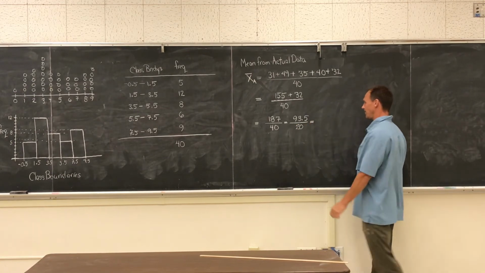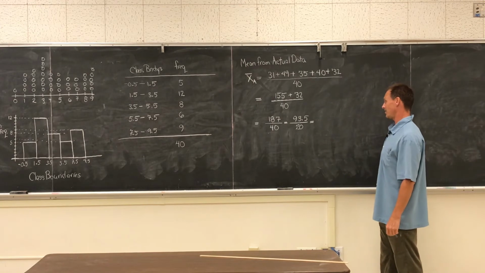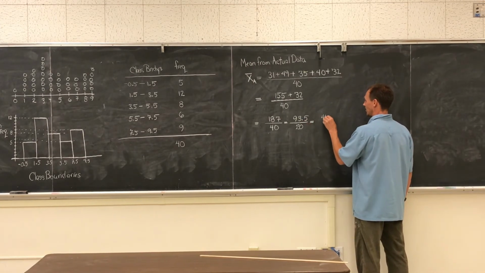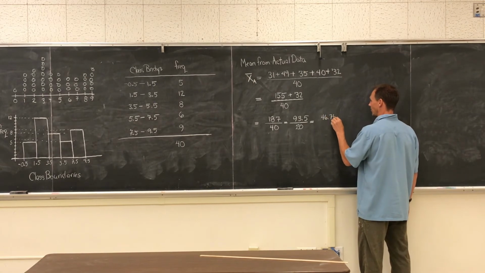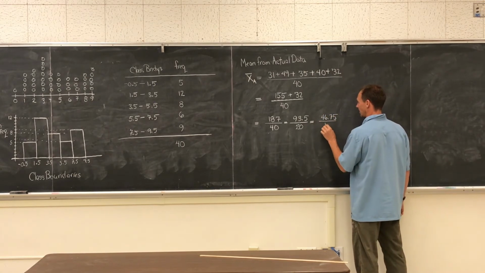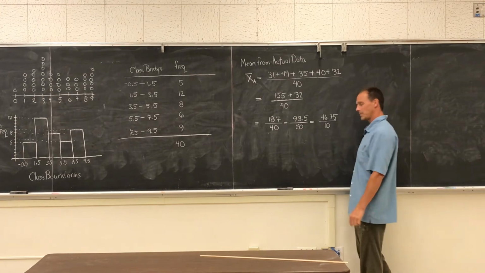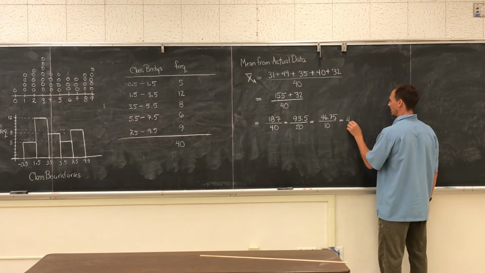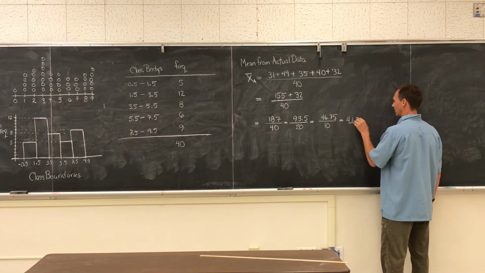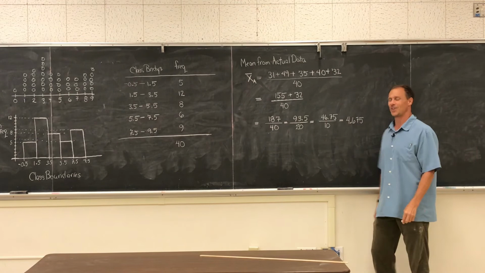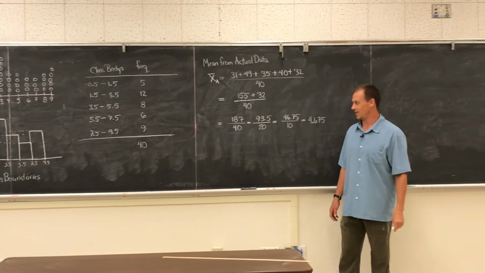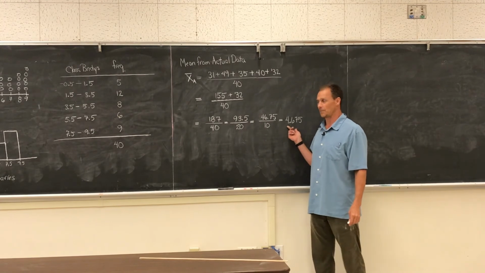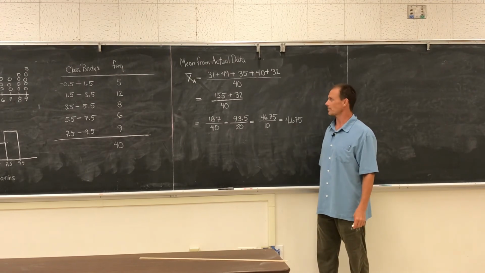Half of 90 is 45, so it's 46.5, then 46.75. I just took half of that. I reduced the 2. And now divide by 10, that one I can do. That's 4.675. Okay, if you didn't do the arithmetic in your head, that's okay. Please use a calculator. Please verify that this is in fact the correct answer.